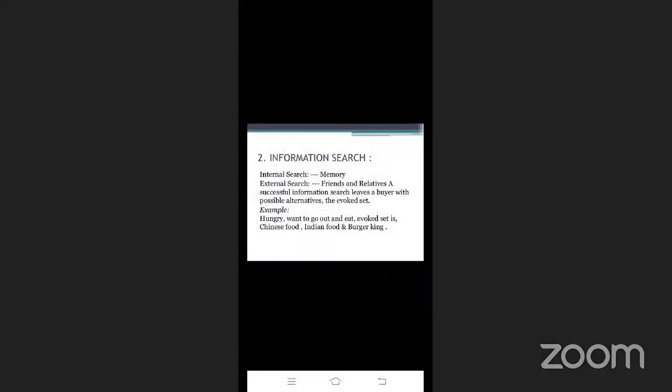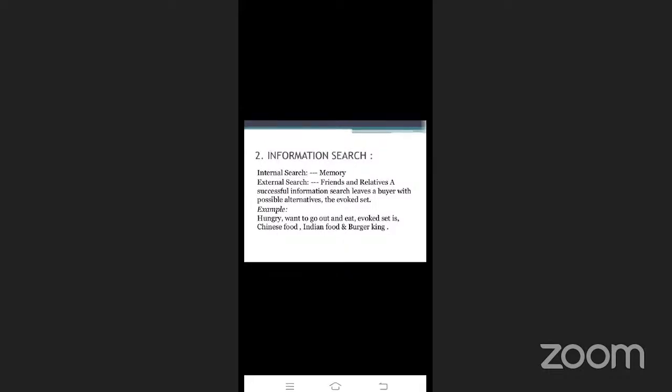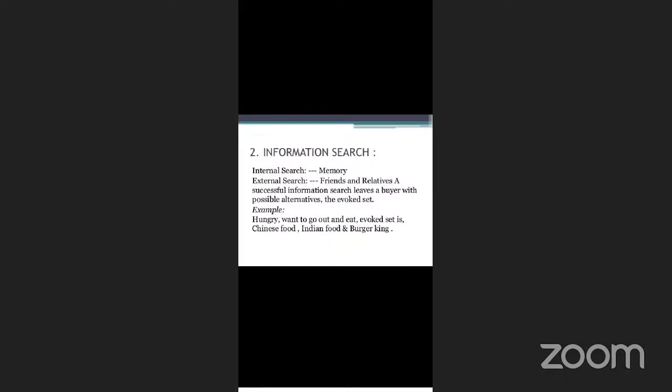So problem recognition. These are the stages of the consumer behavior process. First one is problem recognition, and the second one is information search. So what will we do next? We will search for information related to the product. For example, one is internal search, where through memory or through our own personal experience we search. Then external search, where we come to know through friends and relatives.